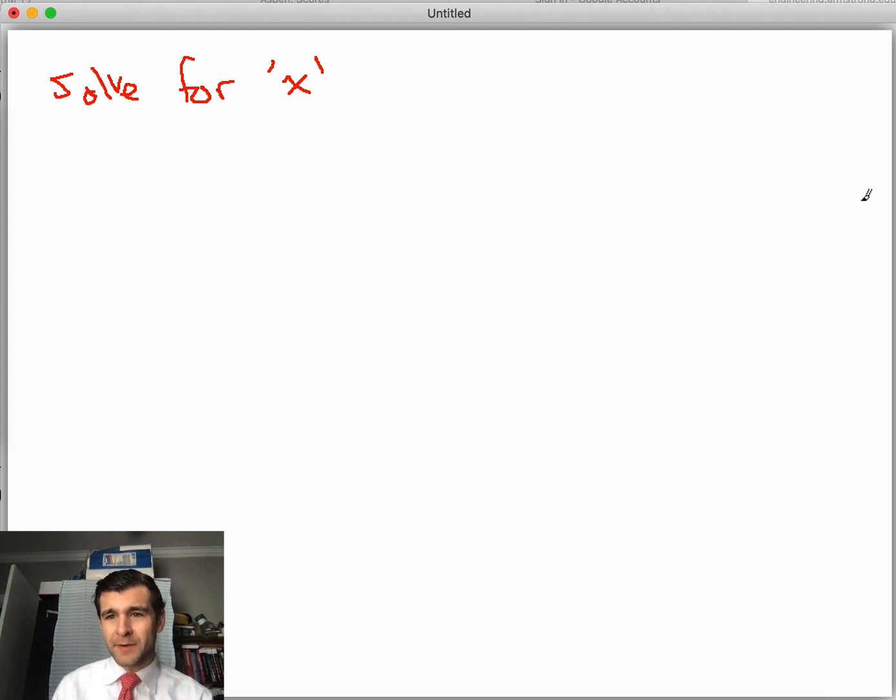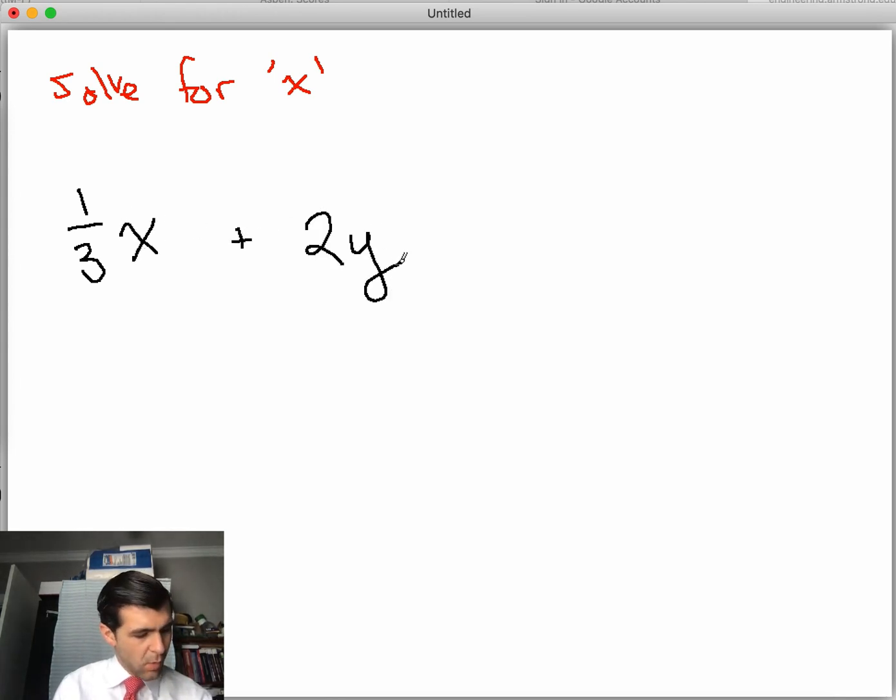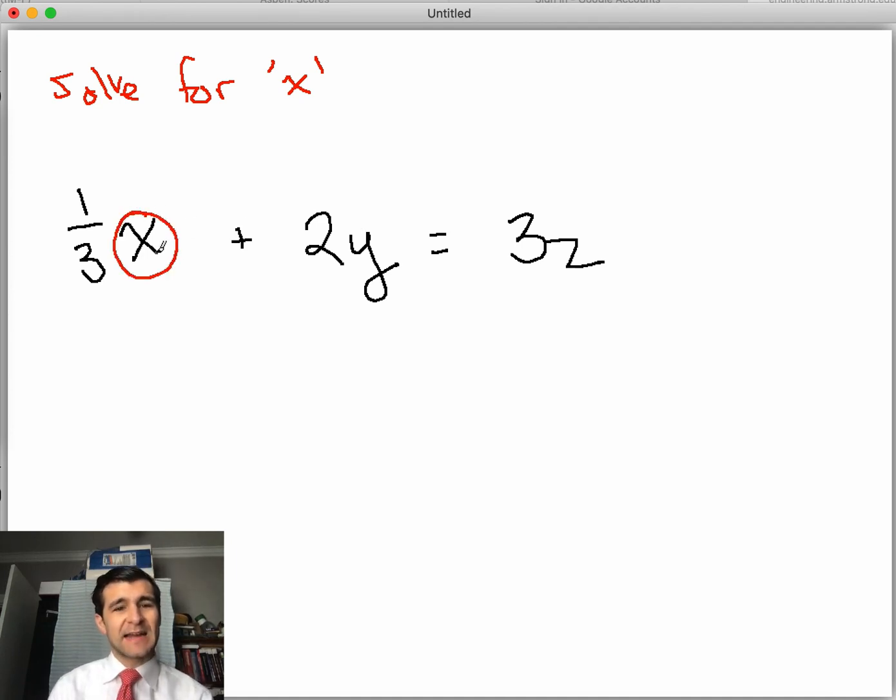And the problem I'm going to do looks like this. 1/3 times x plus 2y equals 3z. Okay? So I really want to get rid of everything except x on the left side of this equation. Okay?